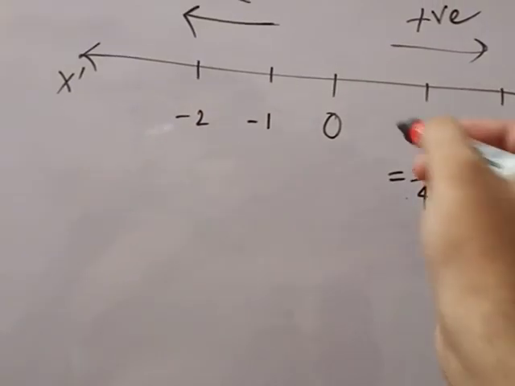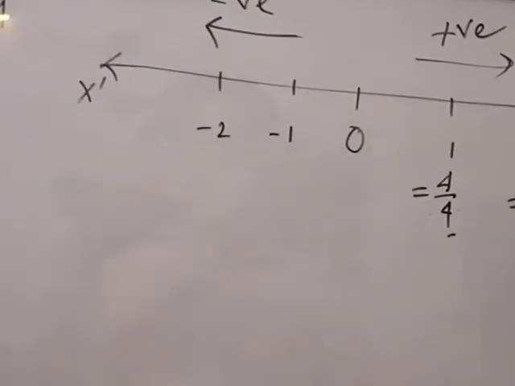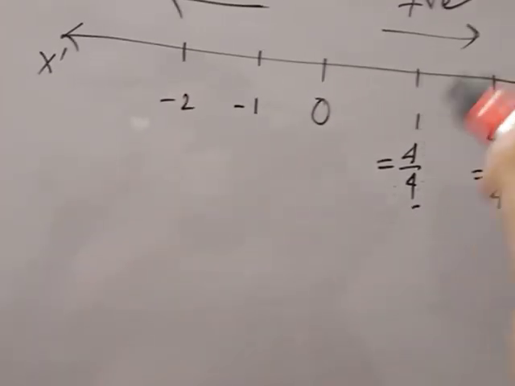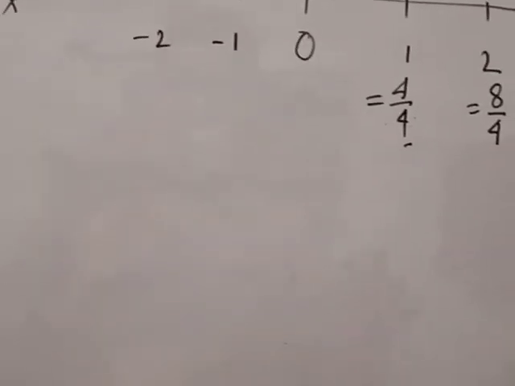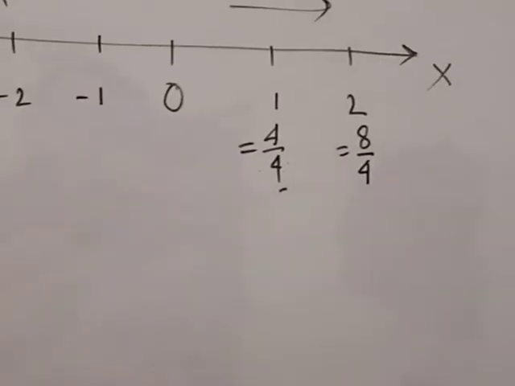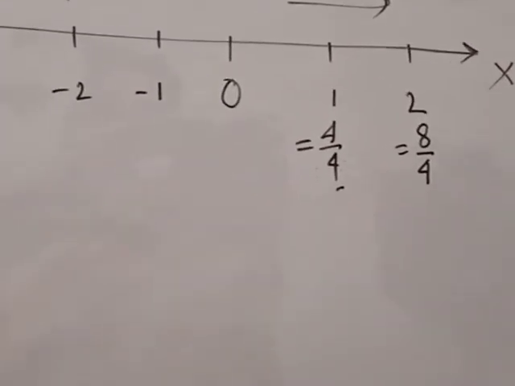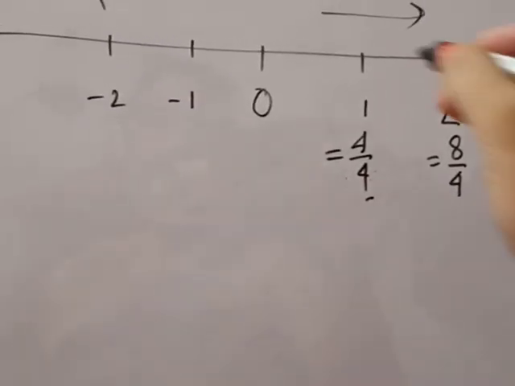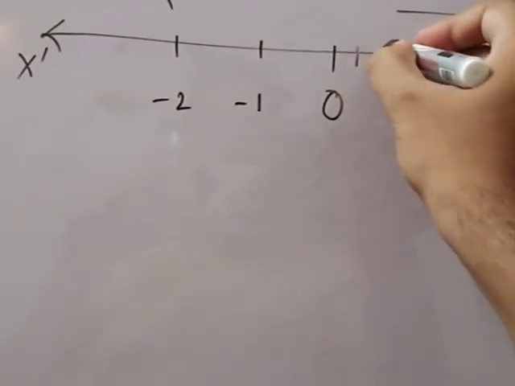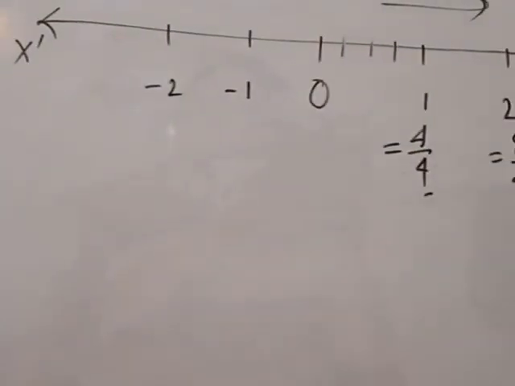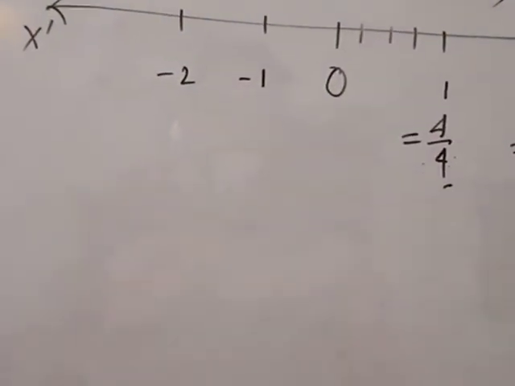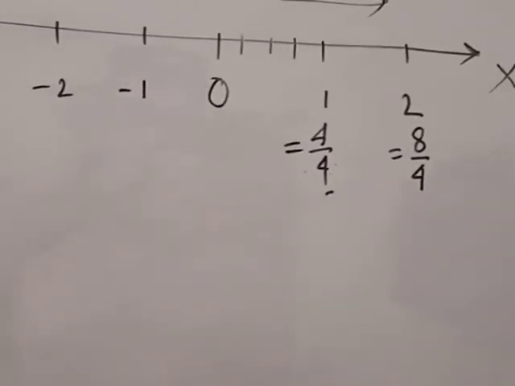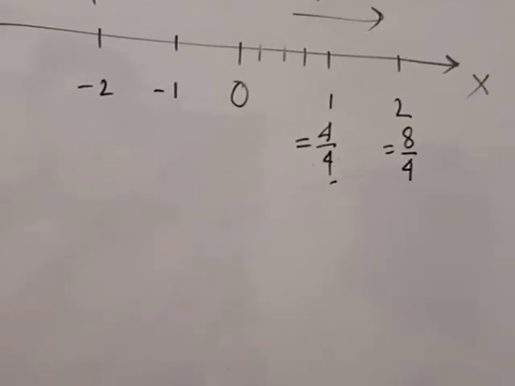So you have to divide the 0 to 1 into 4 equal parts. So we divide it. See that, 4 equal parts is there. I am not measuring with the scale, I am just doing it formally.